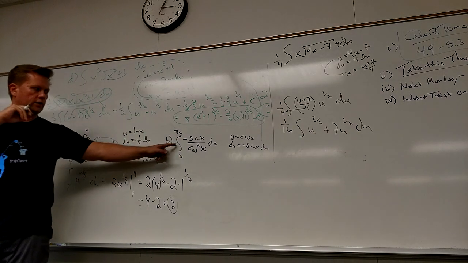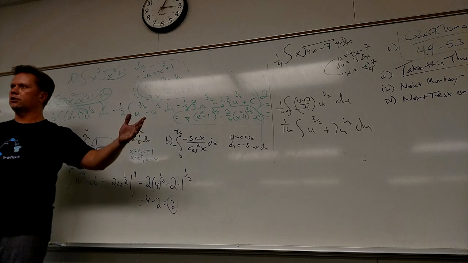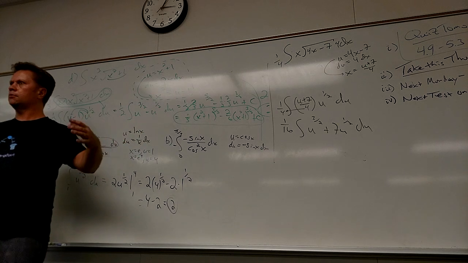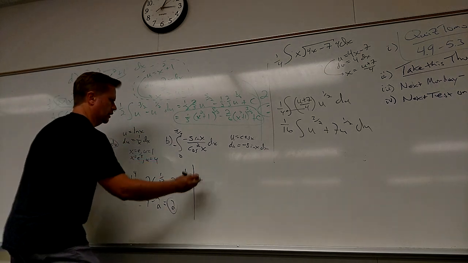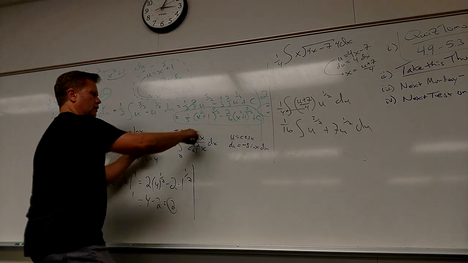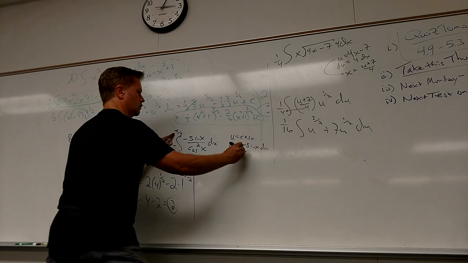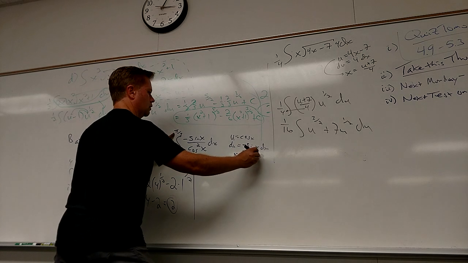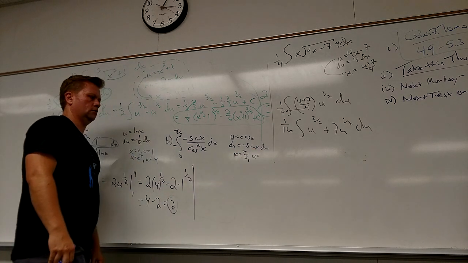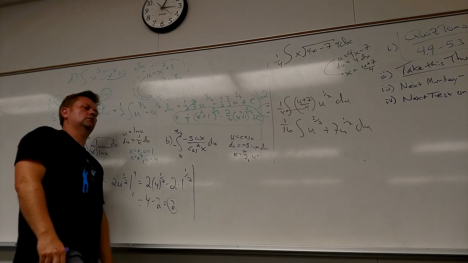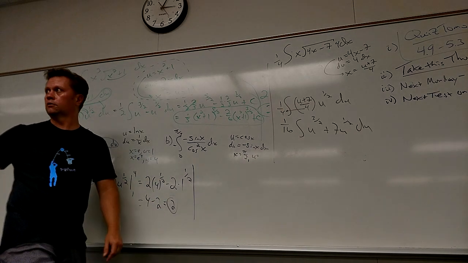Add a negative out there, so you can put a negative in there. So overall, you didn't change anything. It's the same problem. Now you have to think about, if x is pi over 3, what's u? One half. Good.